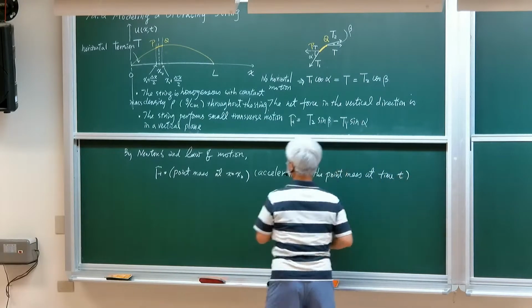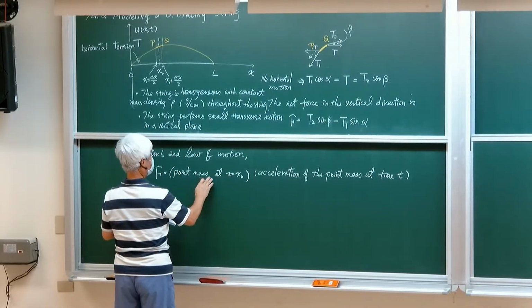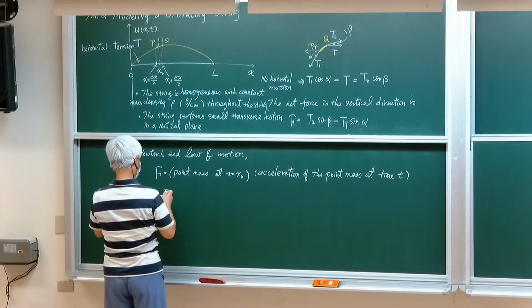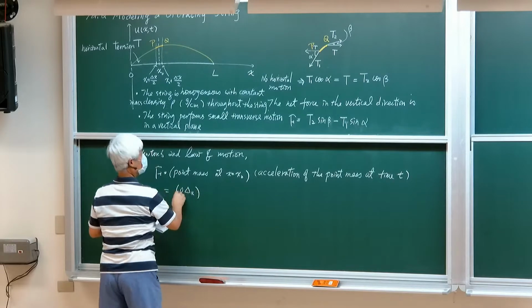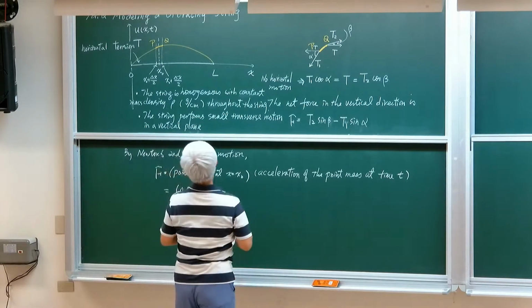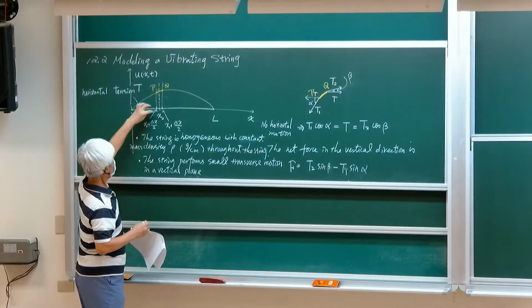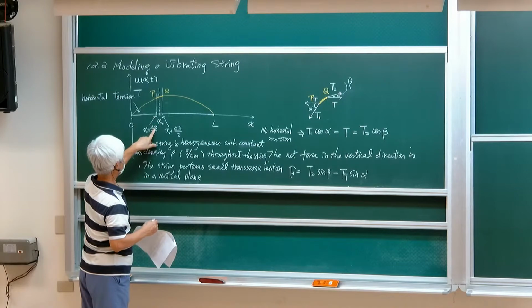And the point mass at this point would be equal to rho delta x, since the length of the string around this point would be delta x.